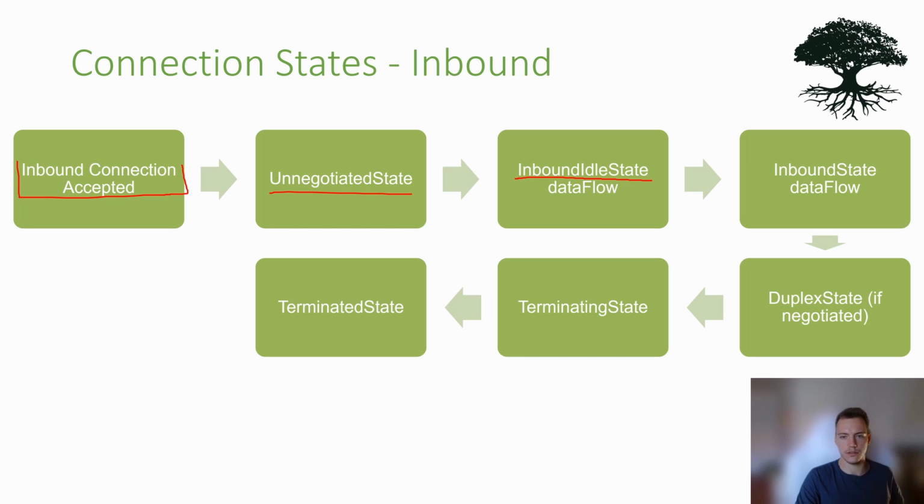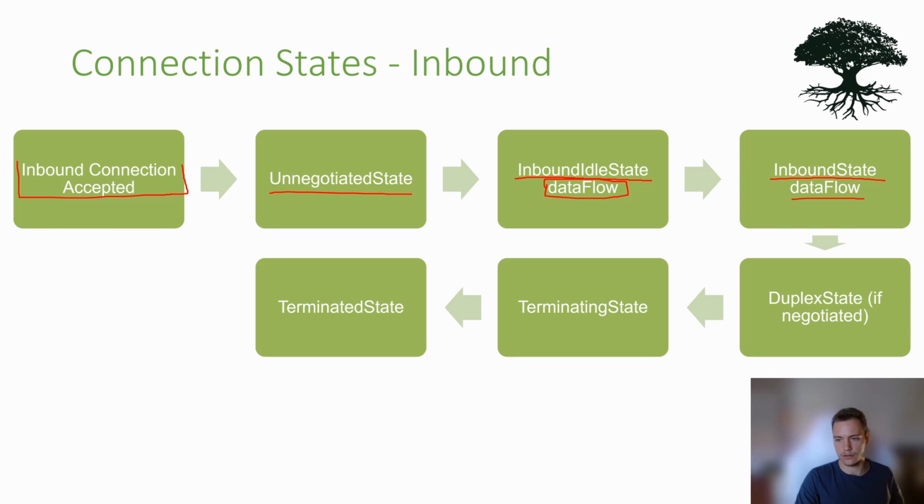Once negotiation is done, the data flow is determined, whether it's unidirectional or duplex, and it's going to be in the idle state until the mini protocols are detected from the other node to our node. Once our node detects that the other node is actively using the mini protocols, we go to the inbound state of the data flow, which again can be unidirectional or duplex.